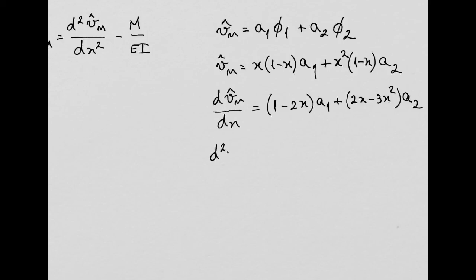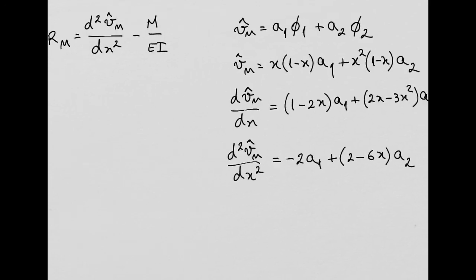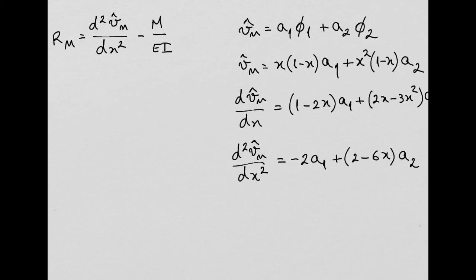The second derivative is going to be equal to minus 2 A1 plus (2 minus 6x) A2. Right? And I need to replace now this second derivative in this equation and get my residual.